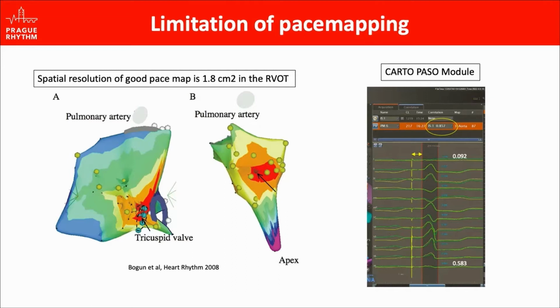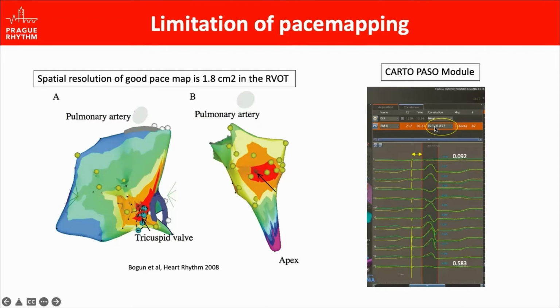And we can also use CARTO PASO. CARTO PASO is a mapping module that allows automatic comparison of the QRS complex morphology during the PVC and during the stimulation. Here I want to show you the case of the PVC originating from the commissure between the RCC and LCC, where we perform this pace mapping, and you can appreciate the perfect pace map morphology here with very long pace to QRS interval.